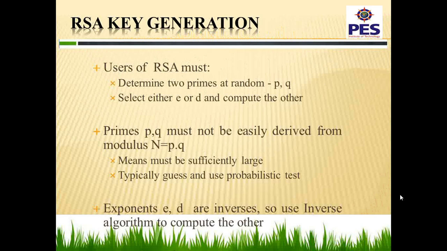Prime numbers p and q must not be easily derived from the modulus. What it means is that they are sufficiently large, and typically we guess and use a probability test. Exponents E and D are multiplicative inverses, so use the inverse algorithm to compute the other. If we know E we can compute D, and if we know D we can compute E.